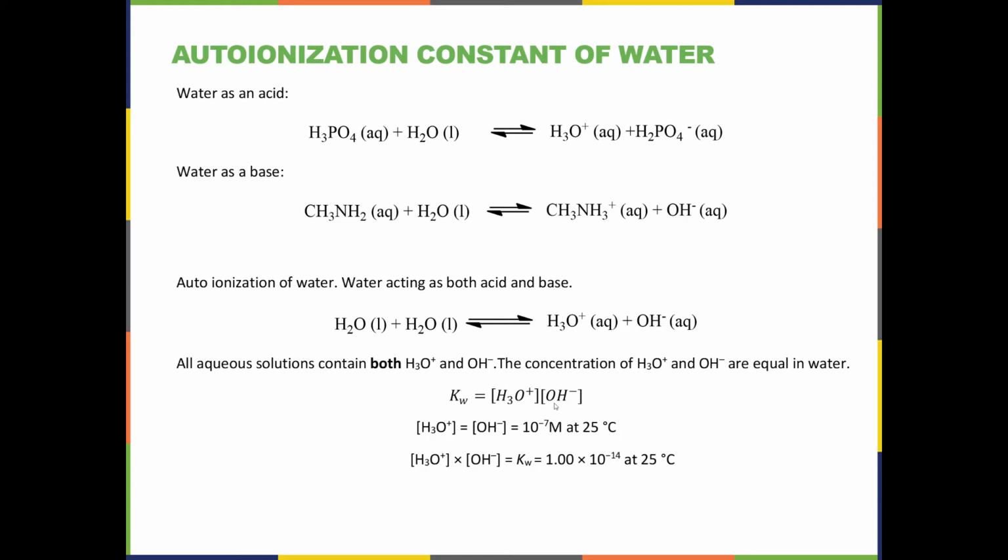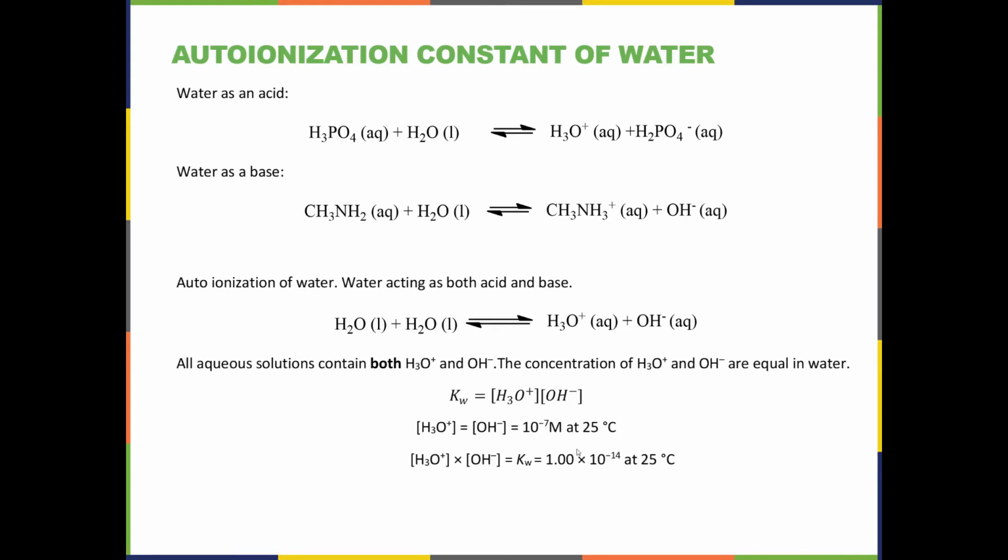You may be asking yourself, why is there nothing on the bottom? Well, it's because it's products over reactants. Our products are both aqueous, but our reactants are both liquids, so we actually don't put them. And it turns out that at 25 degrees C, the concentration of H3O+ and the concentration of OH- is 1 times 10 to the minus 7 molar.